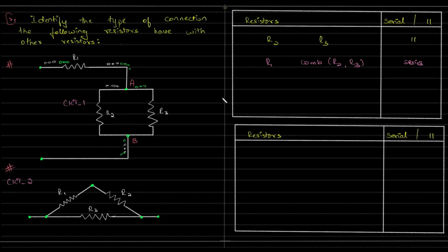Okay. So in place of R2 and R3, if I have an equivalent circuit, let me redraw the circuit. So we have, say, this is R1. This is the equivalent circuit R2, 3, right?